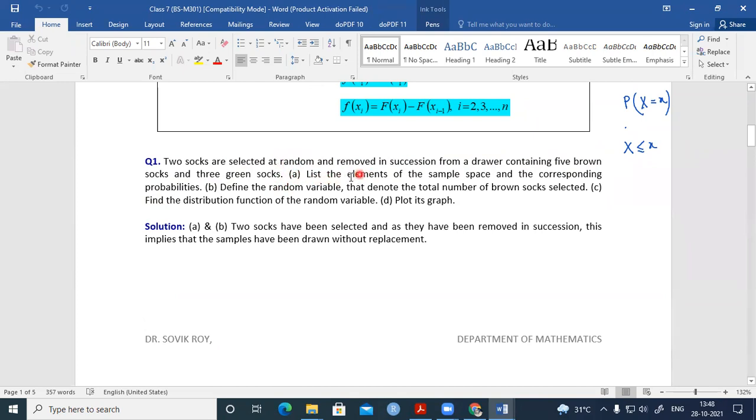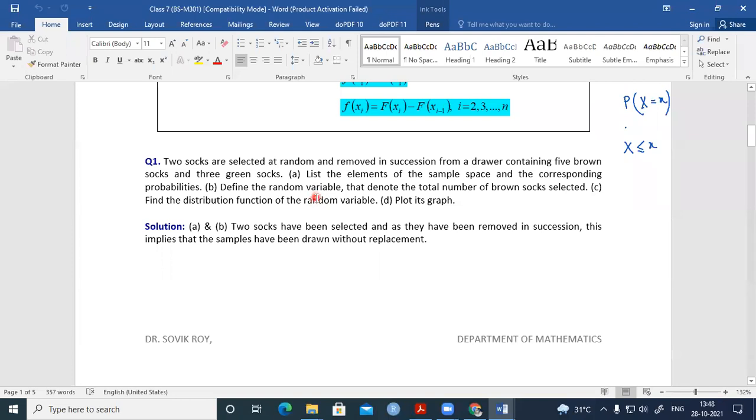First of all, we need to list all the elements of the sample space and their respective probabilities. Then we define a random variable, which is the number of brown socks selected. It could be the number of green socks also, but for this problem I have considered the number of brown socks to be the random variable.